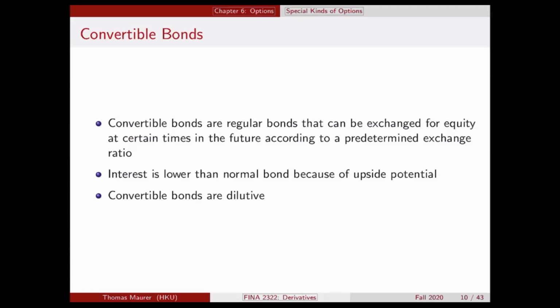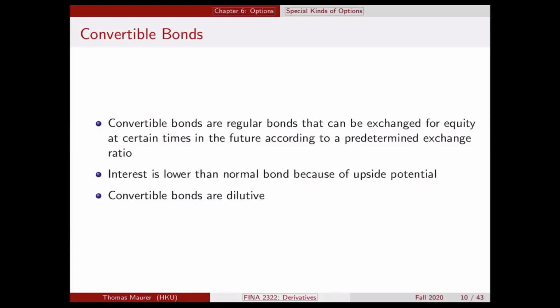But the difference between a package of warrants and bonds versus convertible bonds is that once you exercise the convertible bond, the bond disappears and just new equity is issued to this original lender. On the other side, with a package of bonds and warrants, if a warrant is exercised, the long position in the warrant will have to pay some money equal to the strike price of the warrant and receive the newly issued stocks, but that investor still keeps his bonds.